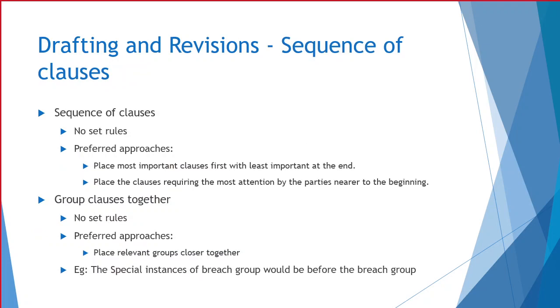Sequence of clauses. Now we're speaking about the drafting conventions. I've seen various drafting conventions emerge over the years. There are no set rules, thank goodness. I prefer the approach where you put the most important clauses first, because let's be honest, most people tend to be lazy and they will stop reading at a particular point.